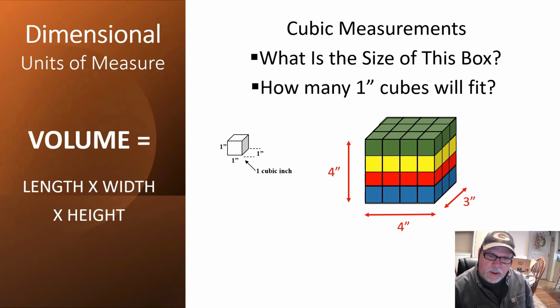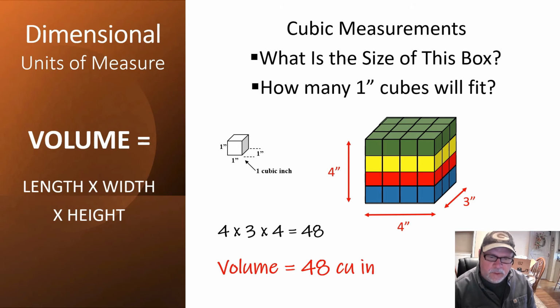So how big is that box? How many 1-inch cubes fit into that box? 4 times 3 times 4 is what? 48. Just do the math. So the volume of this cube is 48 cubic inches. You always say cubic inches or cubic feet or cubic yards when you're dealing with volume.